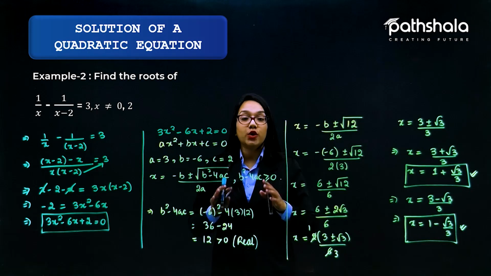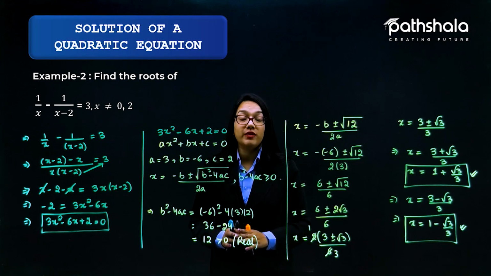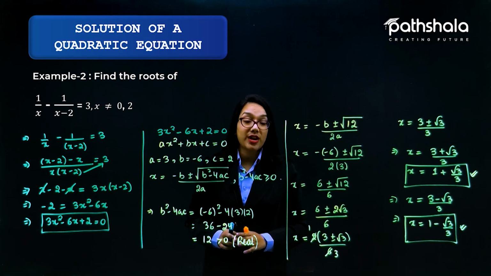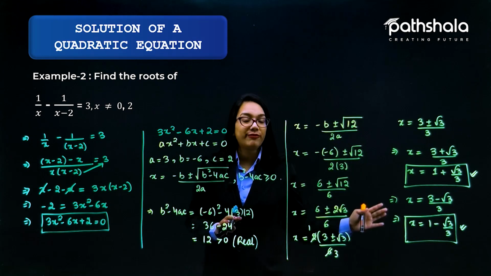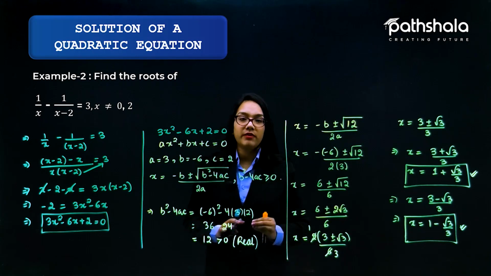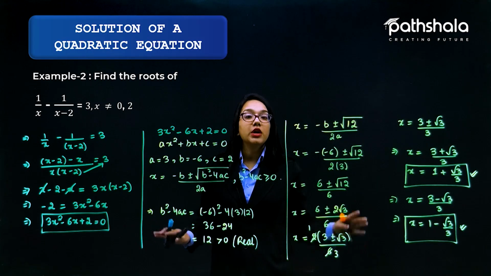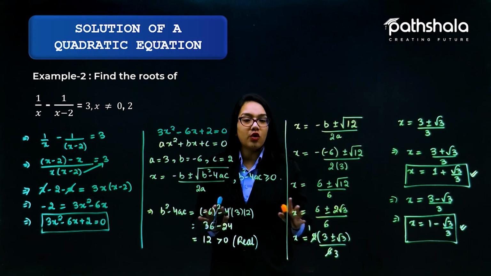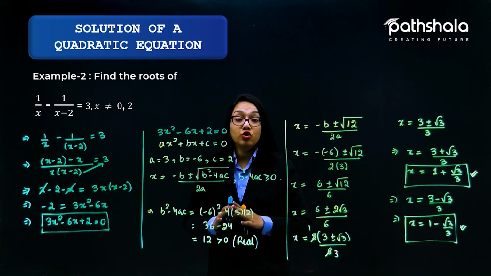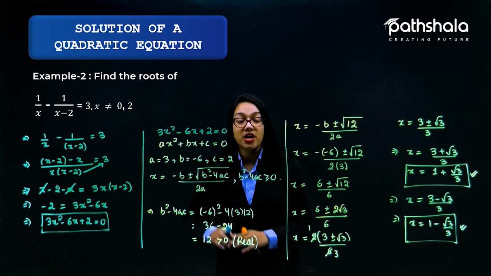We will say the roots of the quadratic equation are imaginary, or that the equation has no real roots. So this is all about finding the solution of a quadratic equation through the quadratic formula, which is also called the Sridharacharya formula.